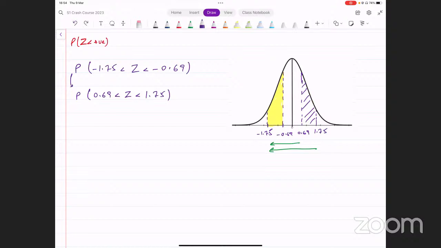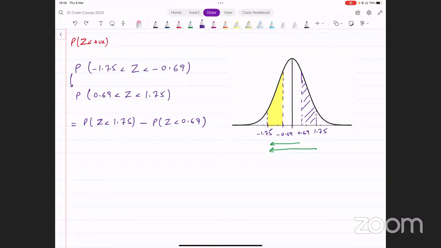So you can say this is probability of z less than 1.75 minus probability of z less than 0.69. These are both in standard form now, z less than a positive number. You can find these probabilities directly from the table, and that would give you the result.